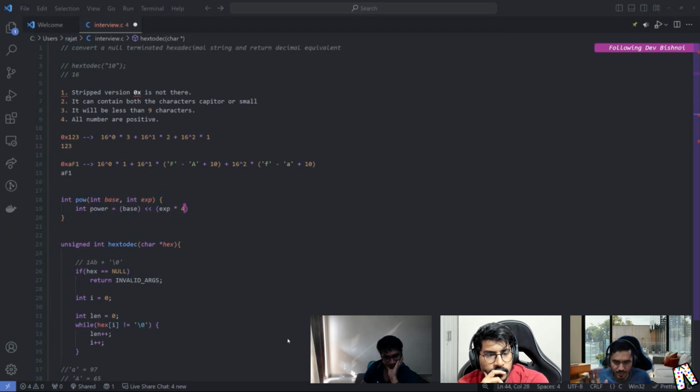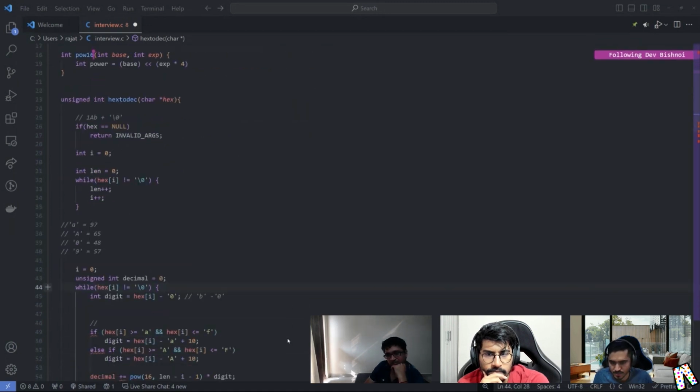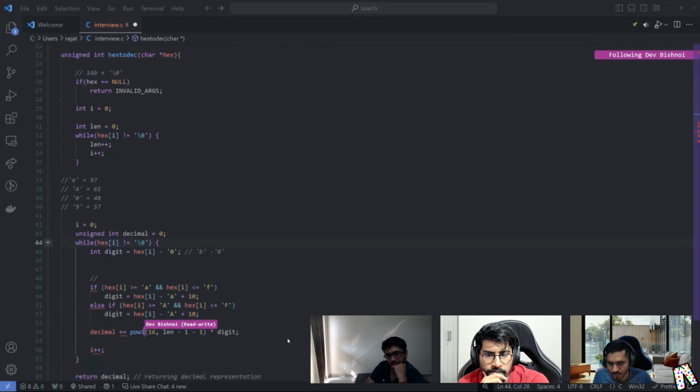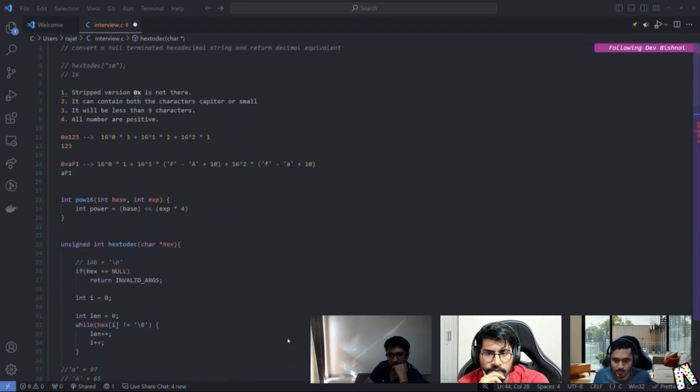Here I'm thinking about the power of 16 rather than the generic power function, so I should modify it like that. Then I don't even need to pass 16 here. I just have to pass one exponent component, since my base is anyway 16.